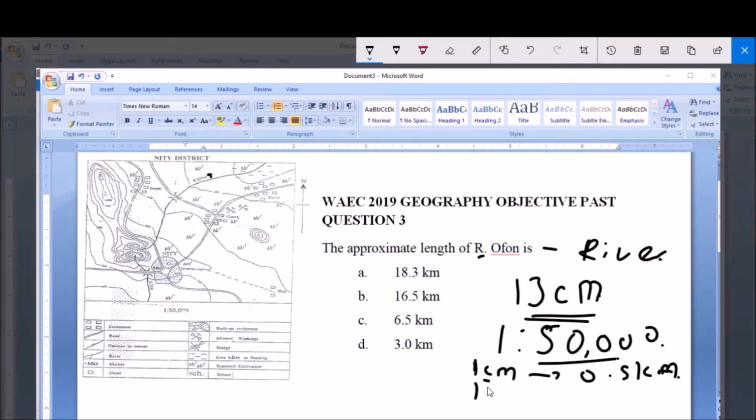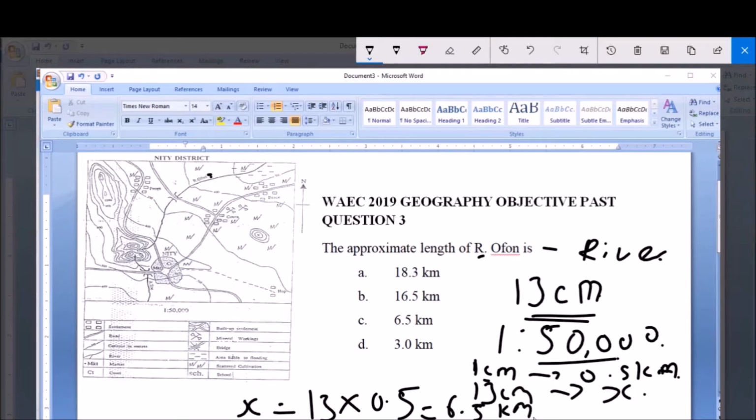So 13 centimeters on the map, which is the distance of the river we measured, will represent what? Our unknown value will be equal to 13 multiplied by 0.5, and that is approximately 6.5 kilometers, which is option C, and that is the approximate length of River Ofon from the map.